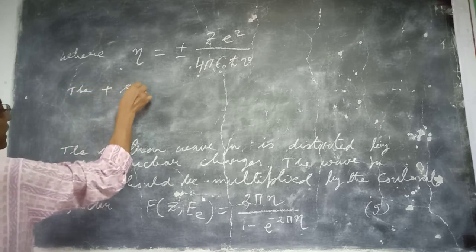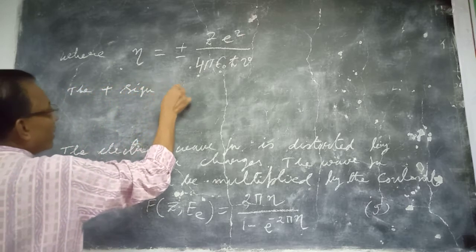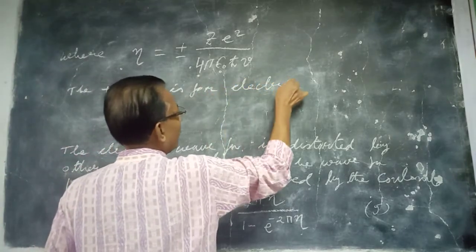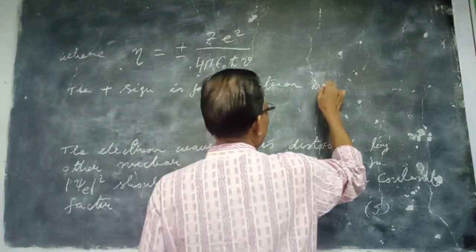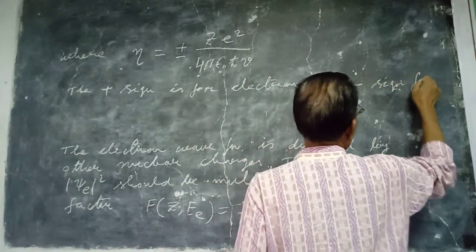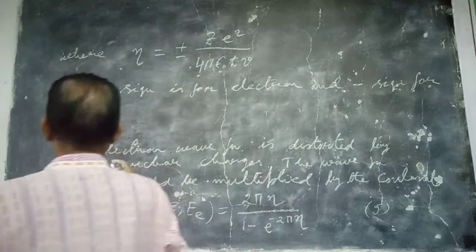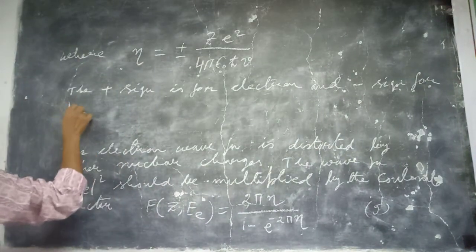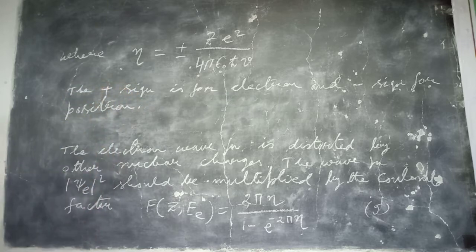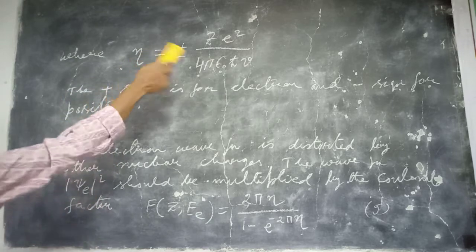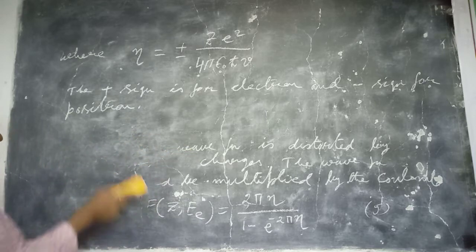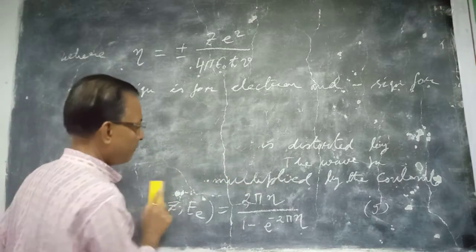The plus sign is for the electron and the minus sign for the positron. So finally we have to multiply this Coulomb factor F into the decay constant expression lambda.